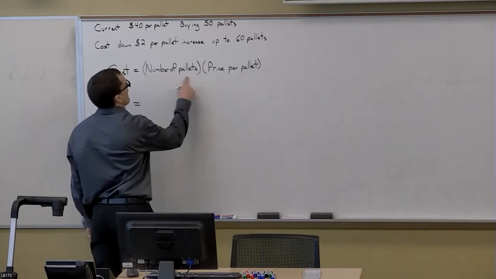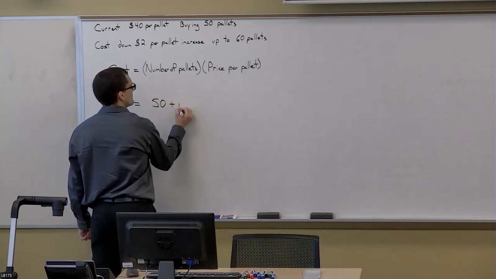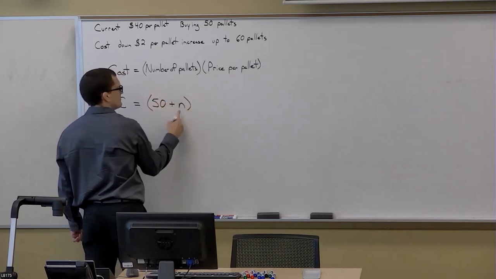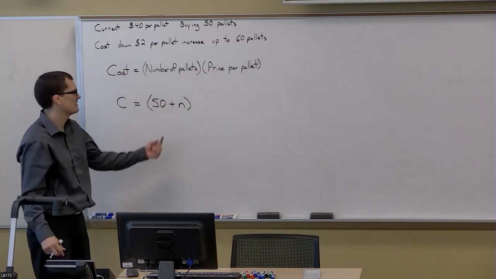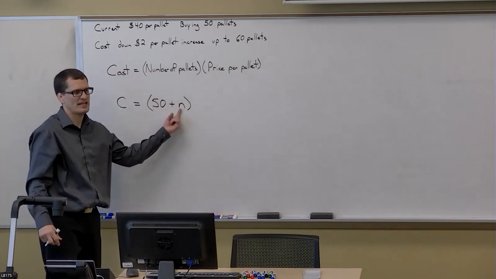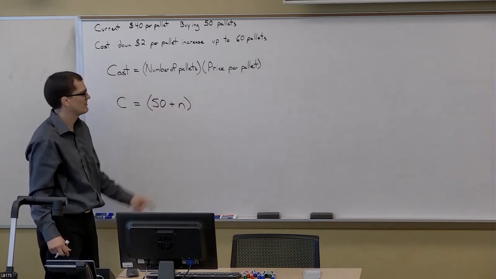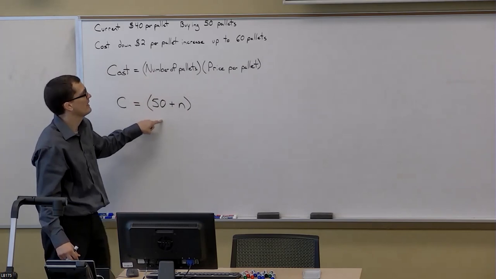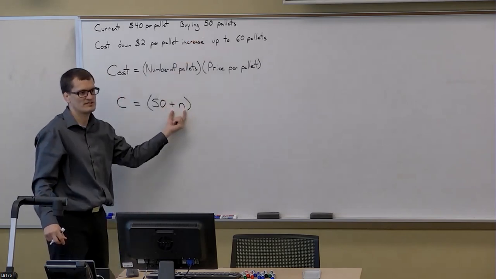So the number of pallets is going to be 50 plus the additional pallets that I'm ordering. And if I want to order less, I'll just use N as a negative number. That's the number of pallets. Right now it's 50. Let's increase it by a couple or decrease it by a couple.